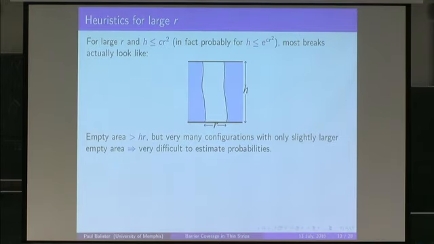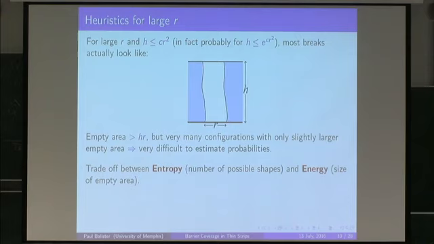And the thing is, there's a lot more of these than there are just simple straight rectangles, and therefore, because there are a lot more of these, they can actually occur more frequently, even though each particular shape is less likely. Okay.